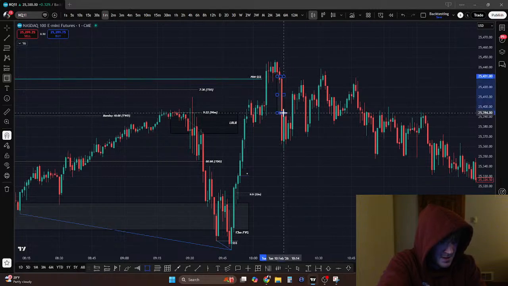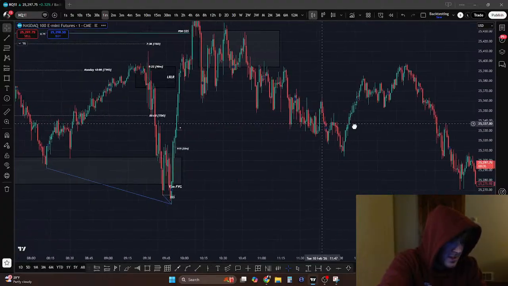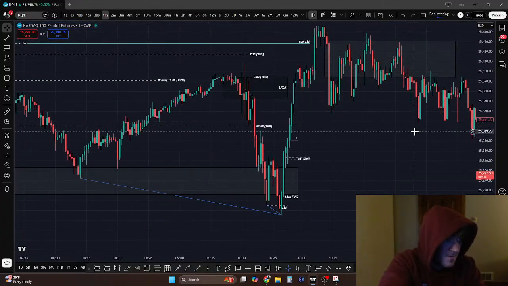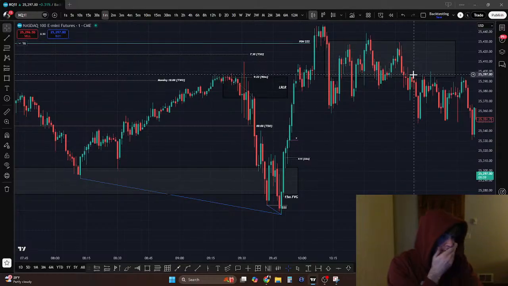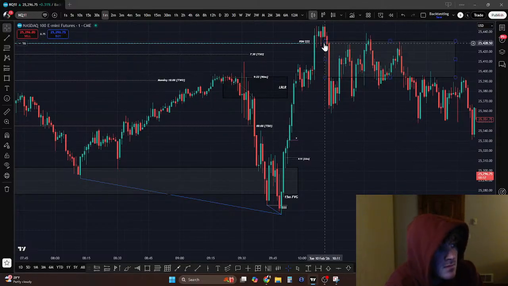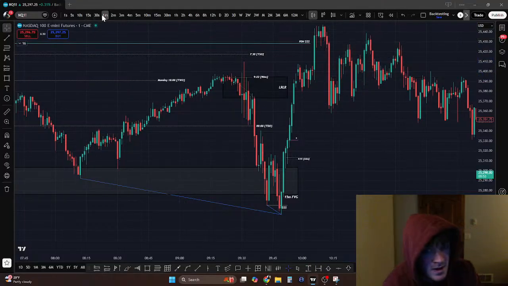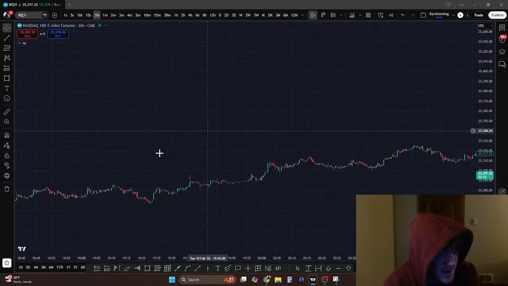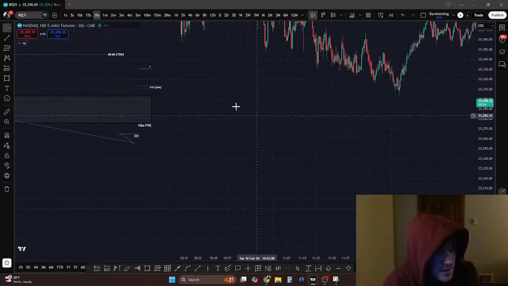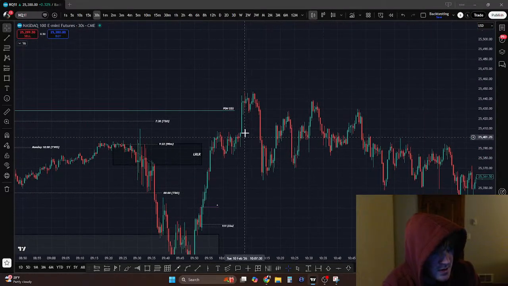Honestly, I would consider that silver bullet. I don't know if that's that good though. I'm not really a fan of that. But one thing's for sure, we do sweep previous day high, and then we start to go lower. At this point, I'm not on the charts.